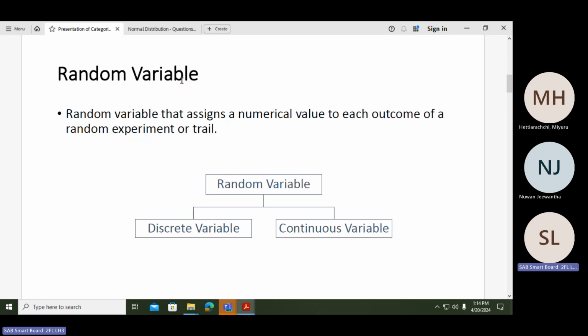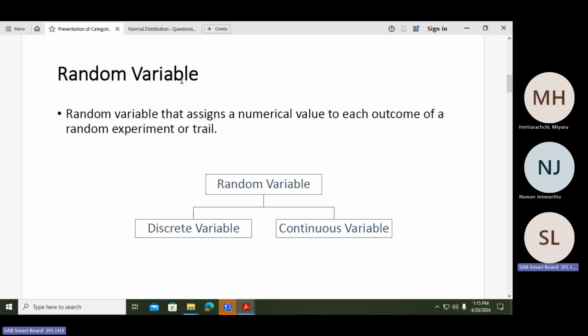It is a random variable. Our random experiment is tossing a coin twice, which means we toss a coin 2 times. What is our random variable in here? Number of heads. Then it is a random variable. Then we can assign numerical values to X. X is a random variable.